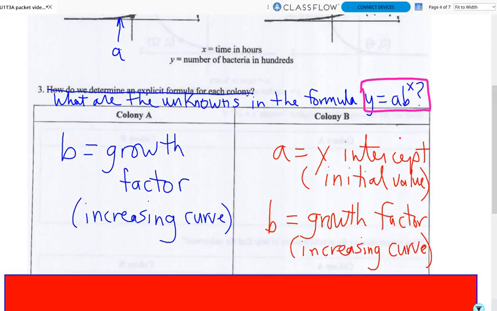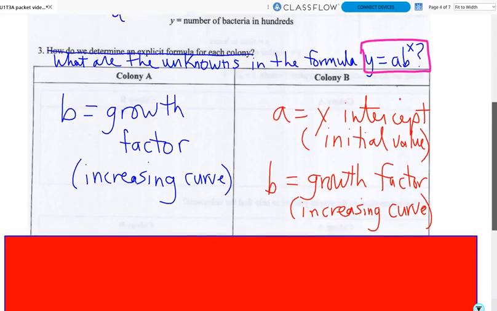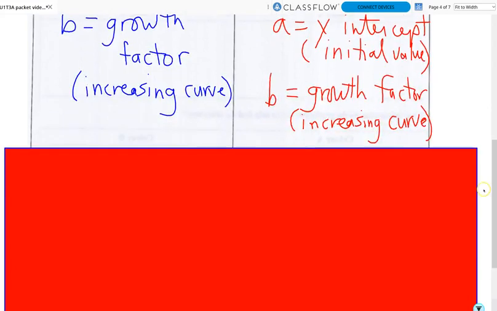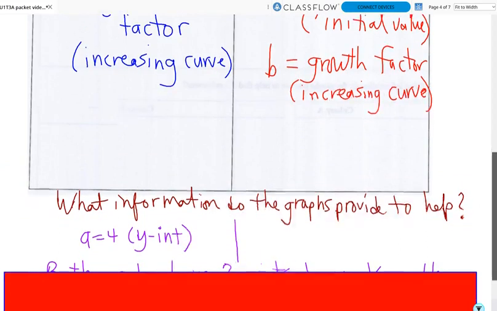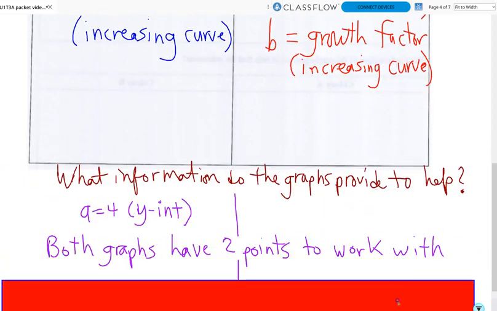The next part of the question is asking what information helps me figure out what that explicit equation is. So if I look at my graphs, again, I can see that colony A gives me the y-intercept or the A value 4, and both graphs give me 2 points to work with.